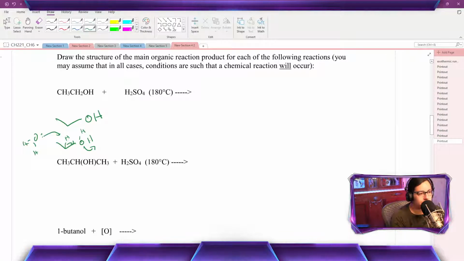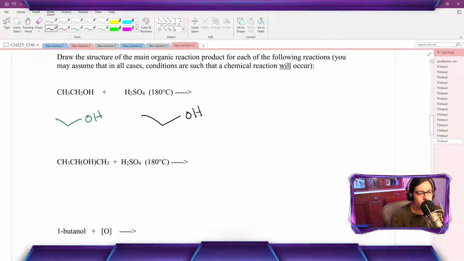I did not draw that correctly. Let me redraw this. We have our OH, carbon, hydrogen there. So our H is there.